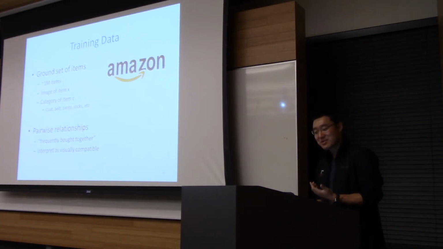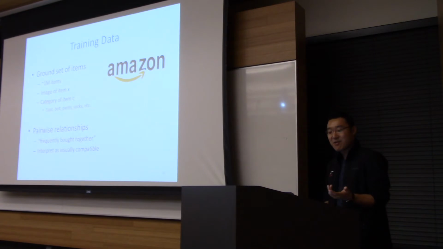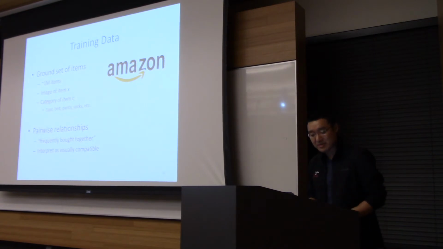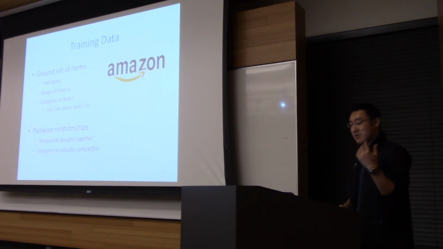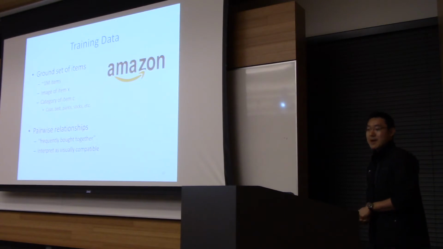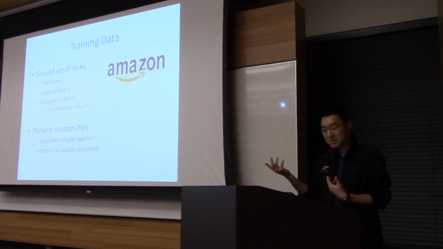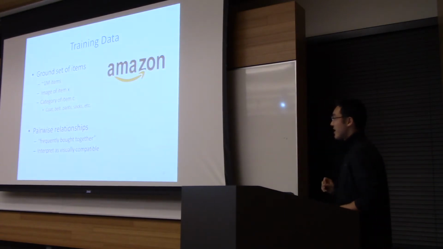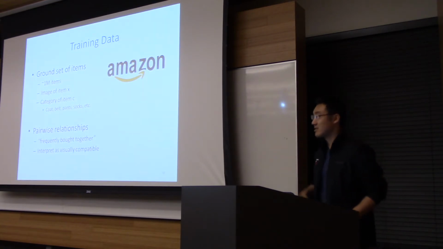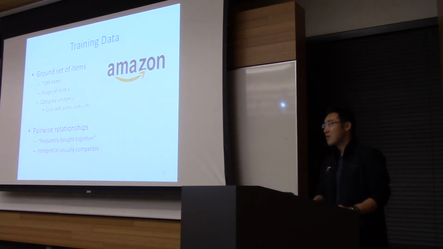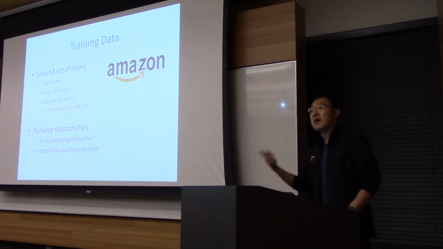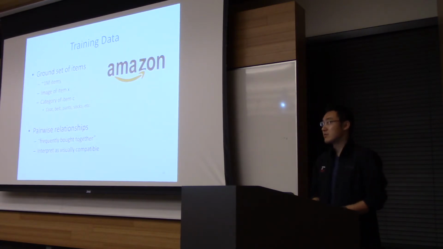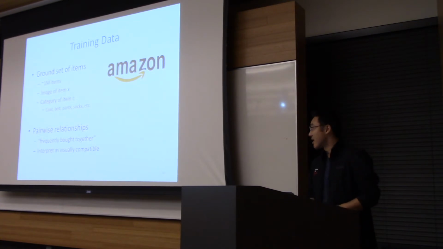You have the image of every item, and then you have the category of that item, like coat, belt, pants, socks, etc. You can also extract some pairwise relationships, like on Amazon, when you look at an item, you can also extract that this item was also bought with this other item, or people who looked at this item also looked at this other item. Those are types of metadata you can scrape off of Amazon, at least you used to be able to.